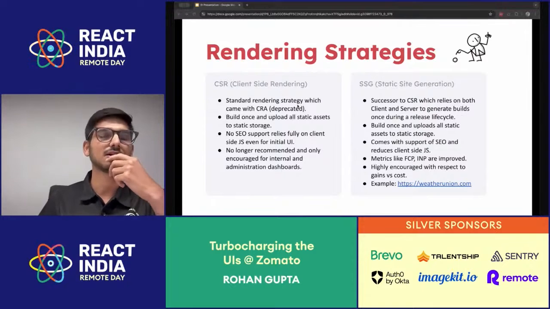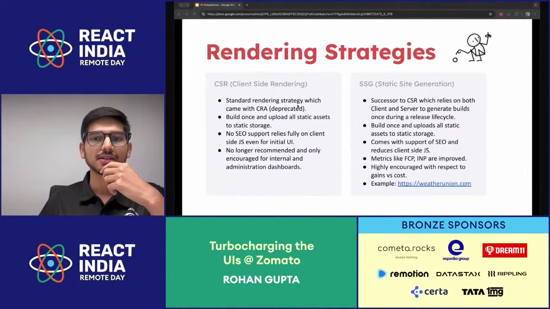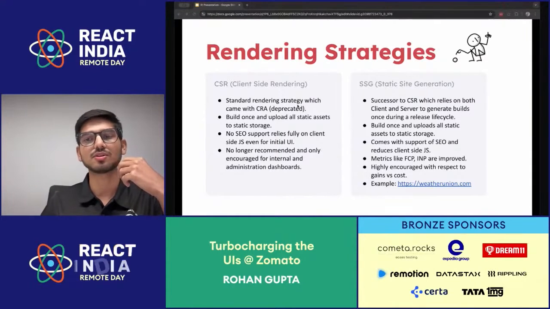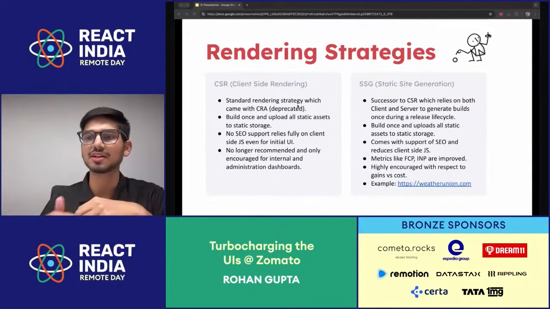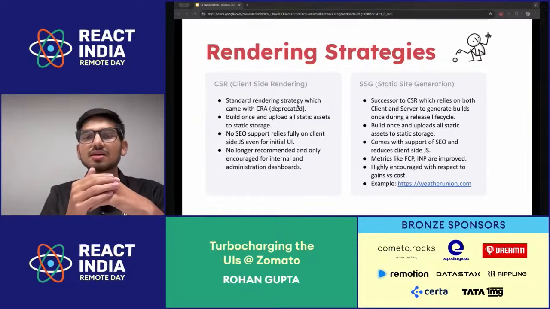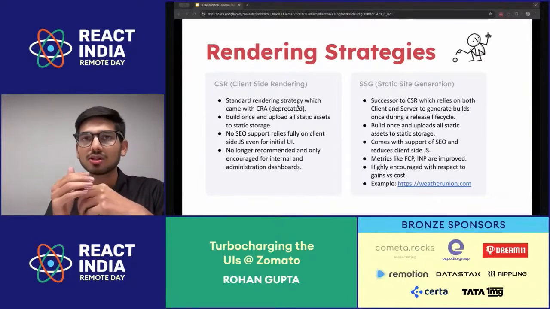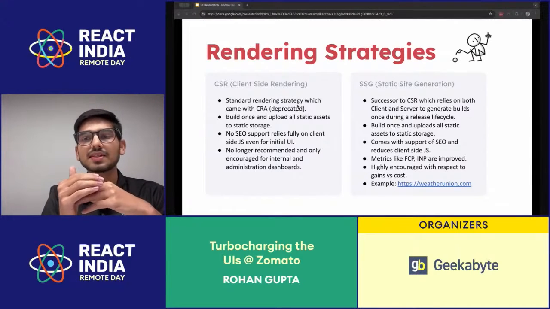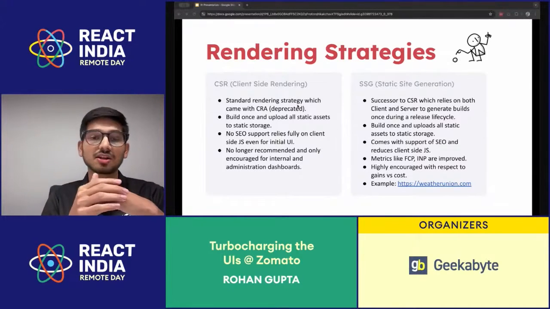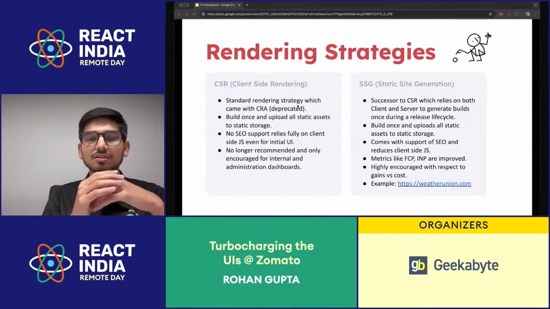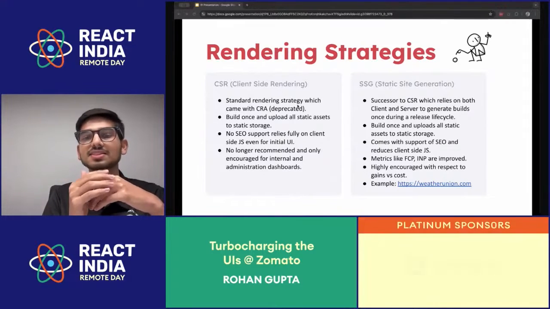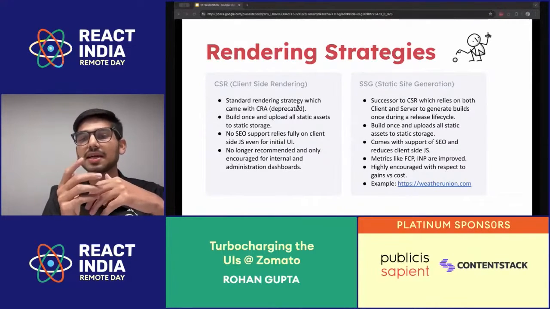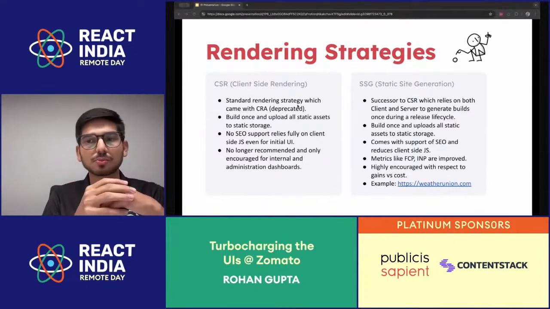The second one is SSG, that is static site generation. It is a successor to CSR, which relies on both client and server to generate builds once during a release lifecycle and then uploading all the assets to a static storage. This is a subtype of SSR where parts of the page which are known to remain static are fetched once during the build time and their respective HTML is output.